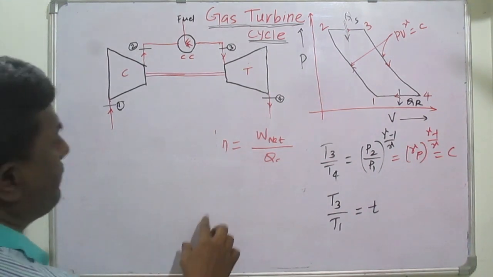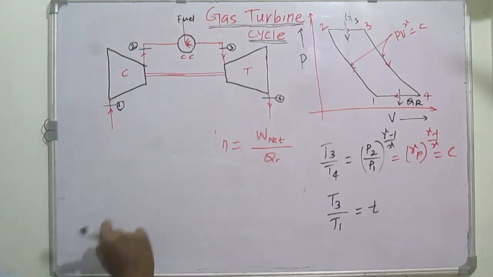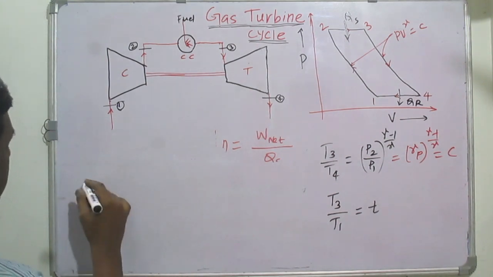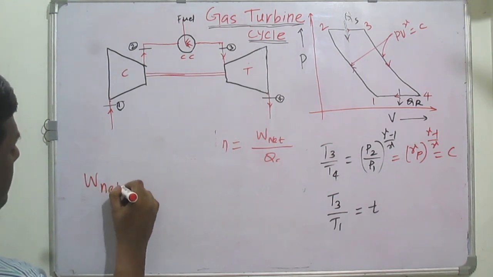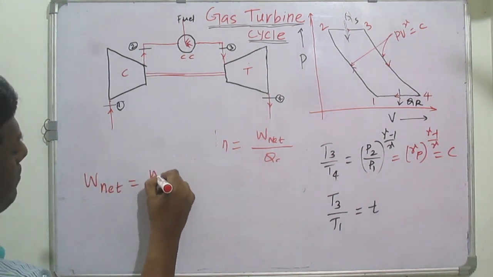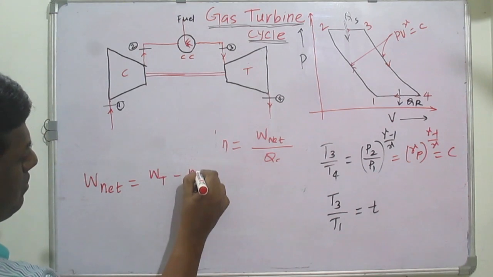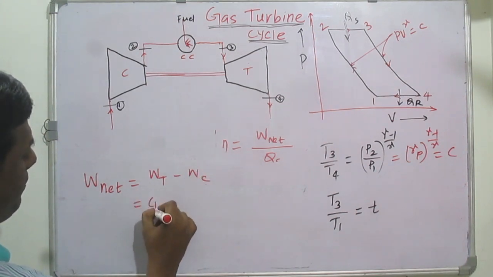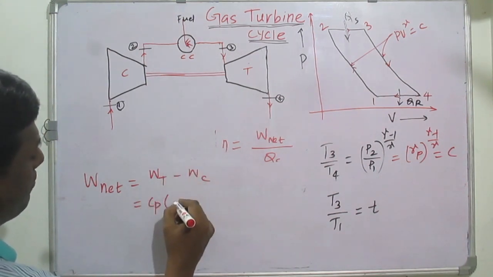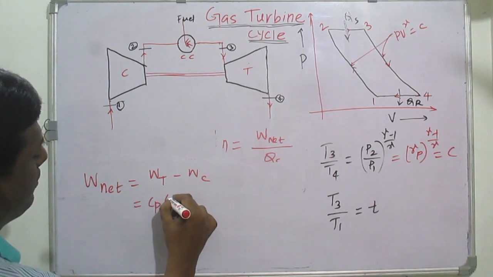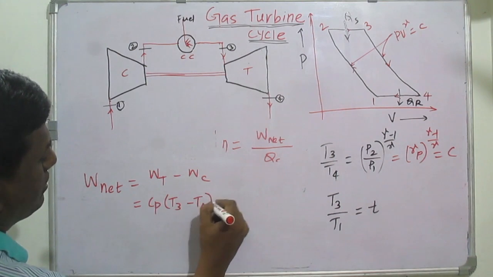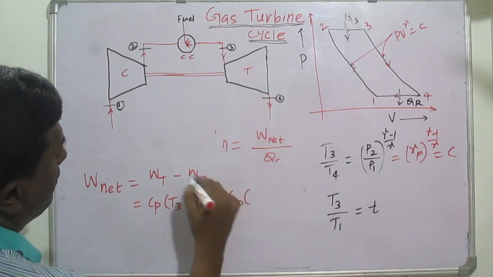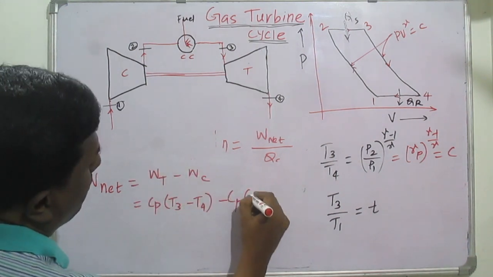For our efficiency, we know that W net is the turbine work minus compressor work. So we have seen W net equals Cp into T3 minus T4, minus Cp into T2 minus T1.